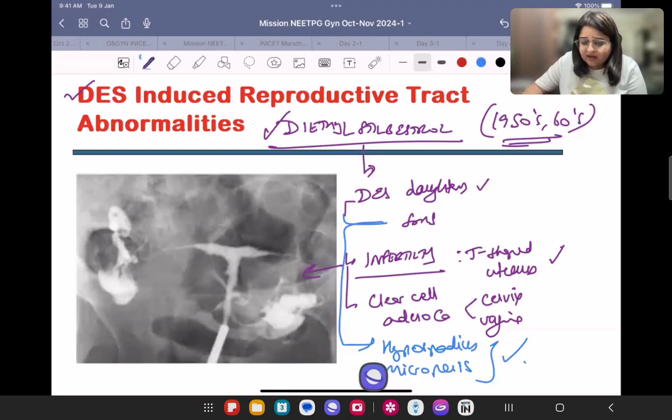This is why it's asked, because of the classical teratogenic association. Although we don't see them now, the DES daughters and DES sons are basically my parents' age now. है ना? So they're in the 70s or 80s. So that era is going out, but it's important.